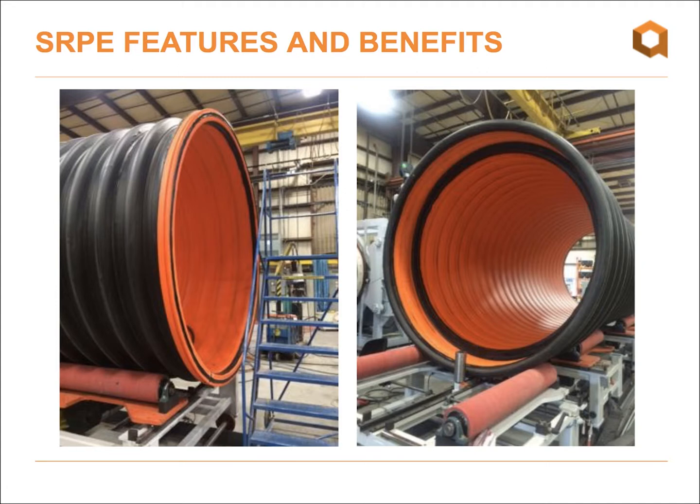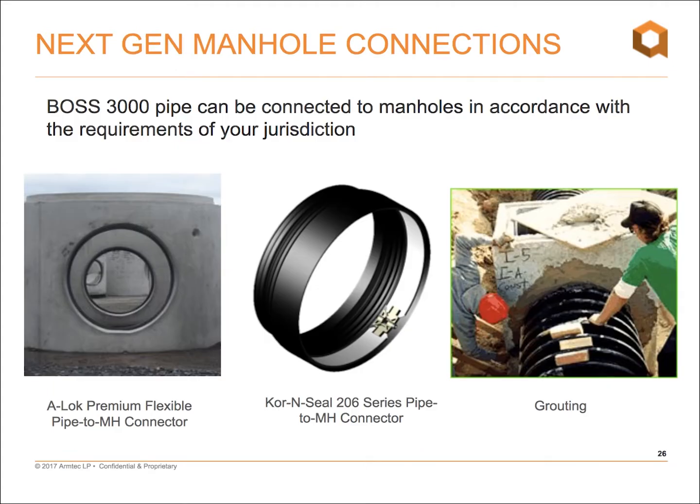Now, when building a sewer system, you need to be able to connect to manholes and to different structures. The steel reinforced polyethylene pipe will offer you great versatility when it comes to that. We can connect to the good old-fashioned traditional method of inserting pipe into a concrete manhole and grouting the opening.